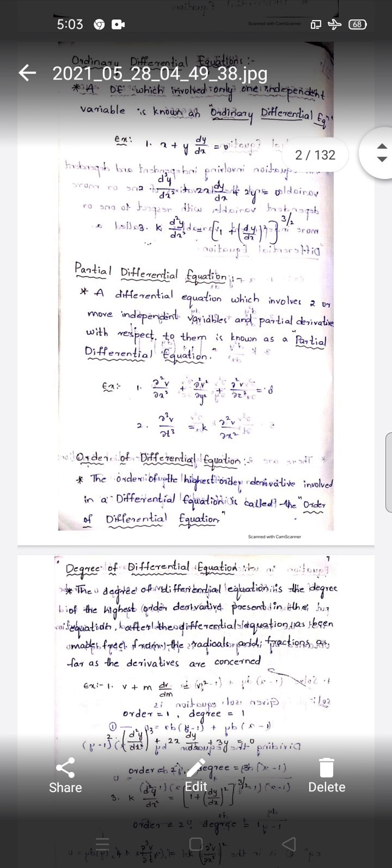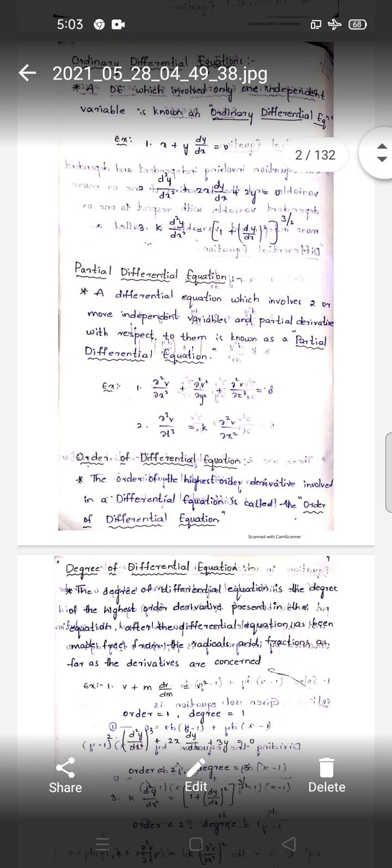Next, the partial differential equation. A differential equation which involves two or more independent variables is called a partial differential equation. In an ordinary differential equation, one independent variable is involved.